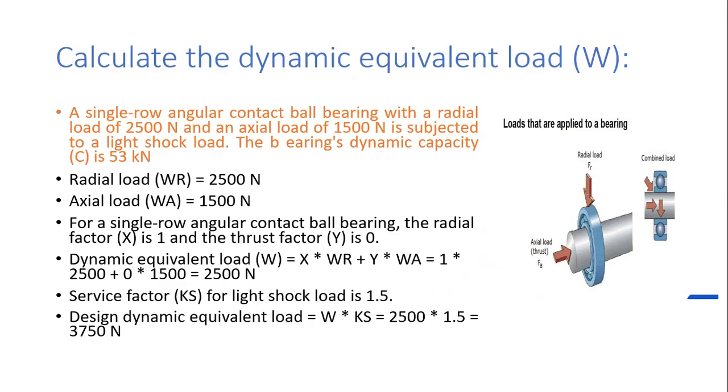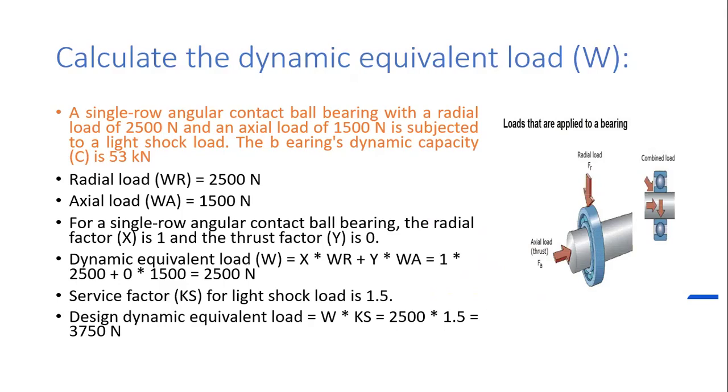Radial load is nothing but the perpendicular, the normal force which is acting with respect to the axis of rotation of the bearing support. Whereas axial load is nothing but the horizontal force along the axis of the bearing.